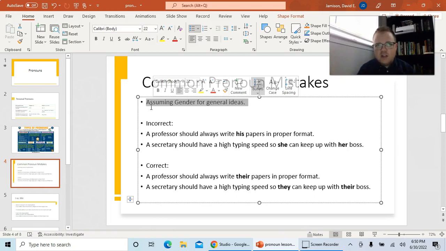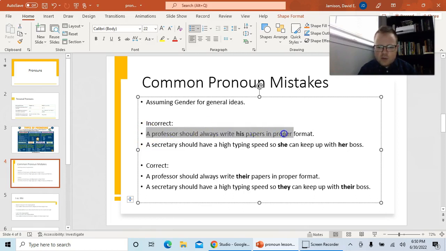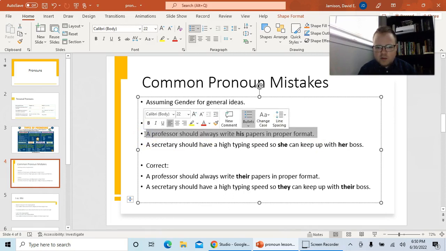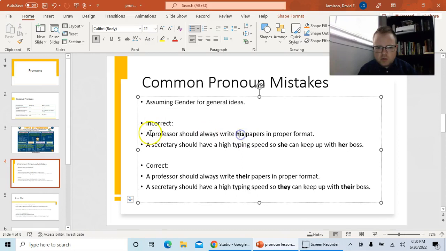And usually, if you think about it, you're falling into some kind of stereotype. So here's some incorrect ones. A professor should always write his papers in proper format. Not all professors are men. More and more of them are women now, so it's really important that you don't assume the gender of this person just because of stereotypes from the past.